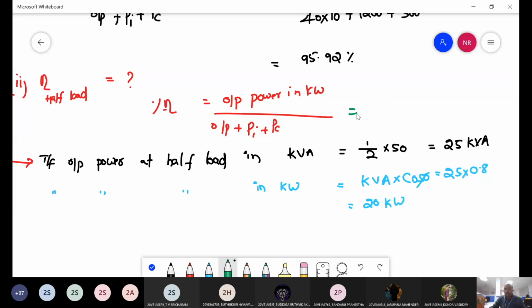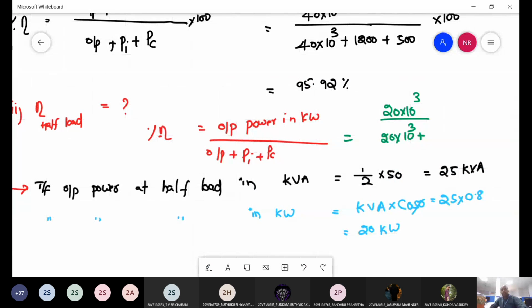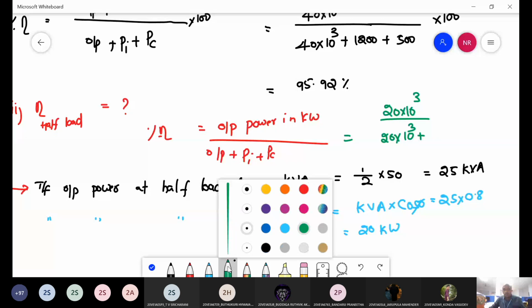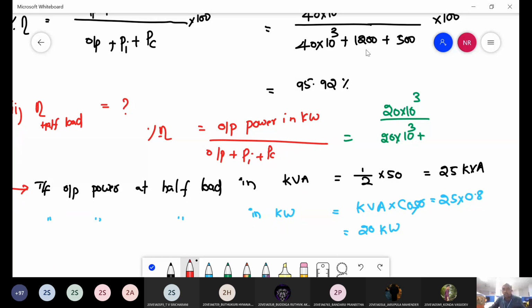Coming to efficiency, here I am writing. Output power, how much is it? 20 kilowatts. 20 into 10 to the power 3 by 20 into 10 to the power 3. Now tell me, at full load, what is the iron loss value here? 1200.